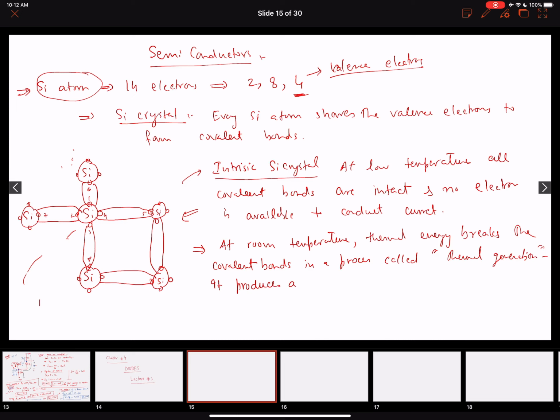It produces a free electron, which conducts in the presence of an electric field.